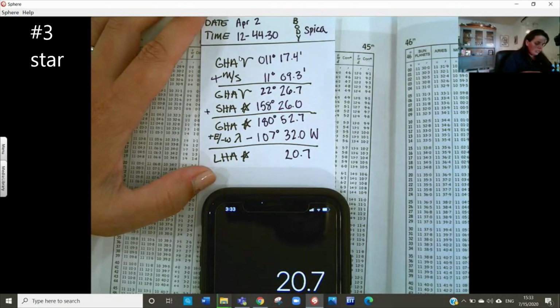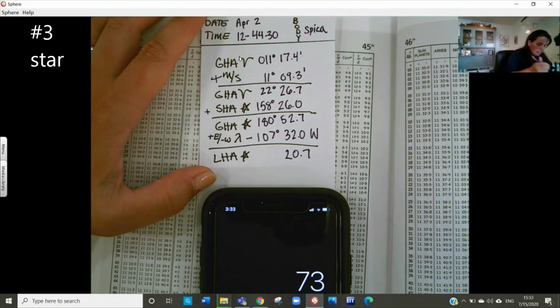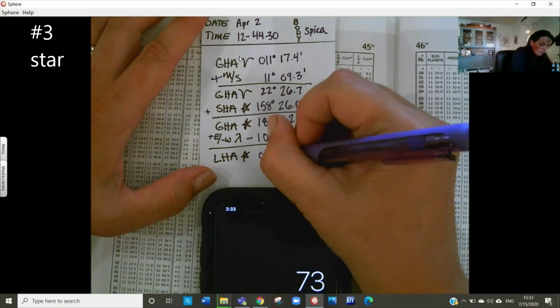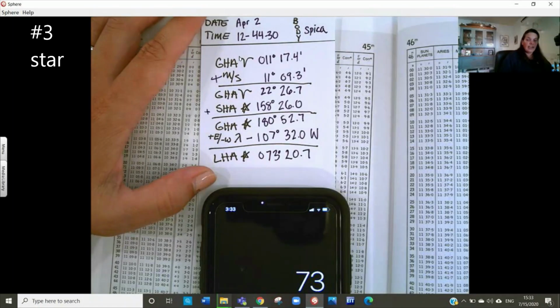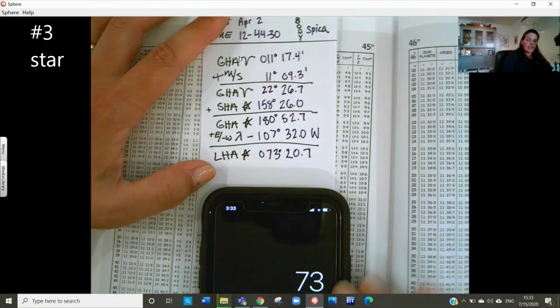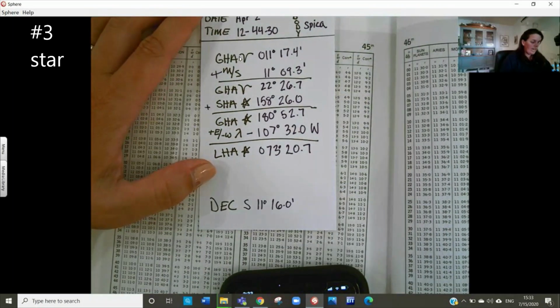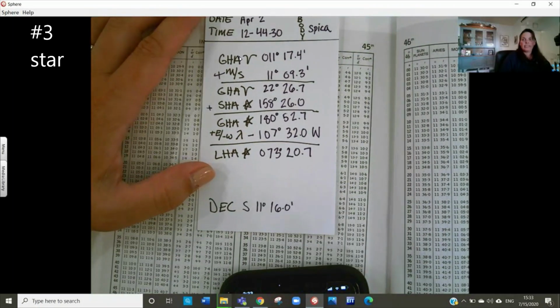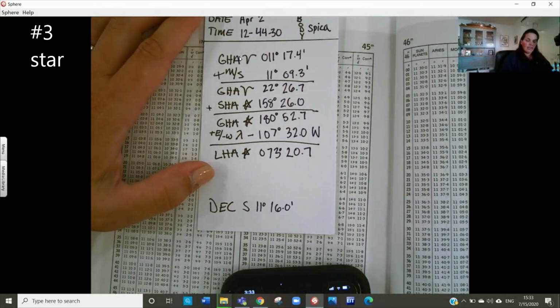And then we also have 180 minus 107 gives me 073. And that is our LHA, and our declination we already have. It doesn't need a correction because it's a star. And that's number 3.